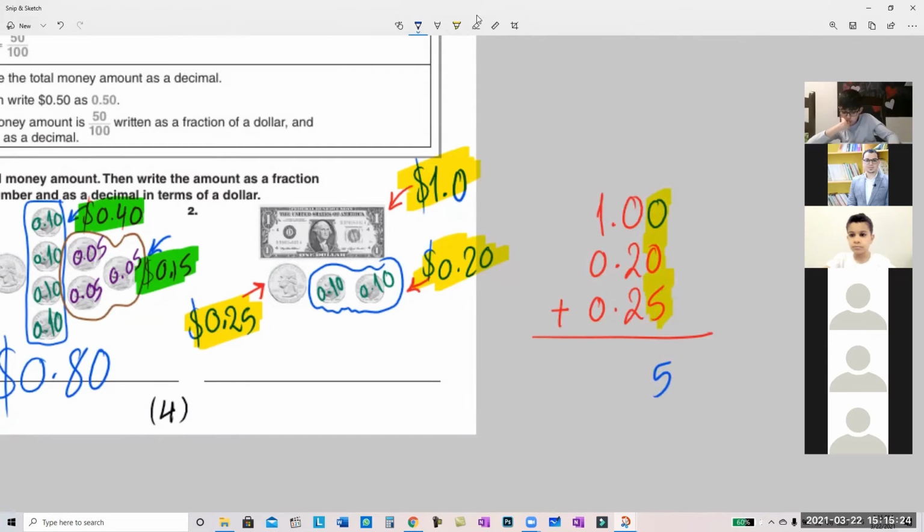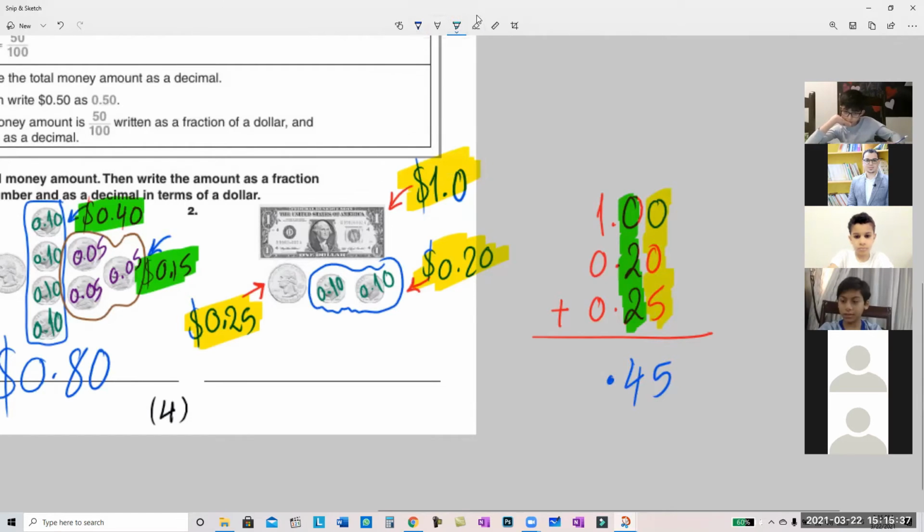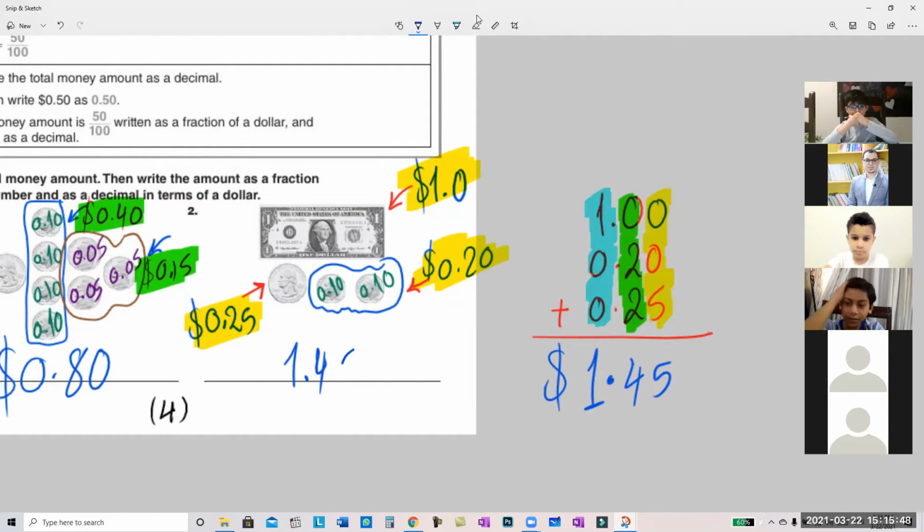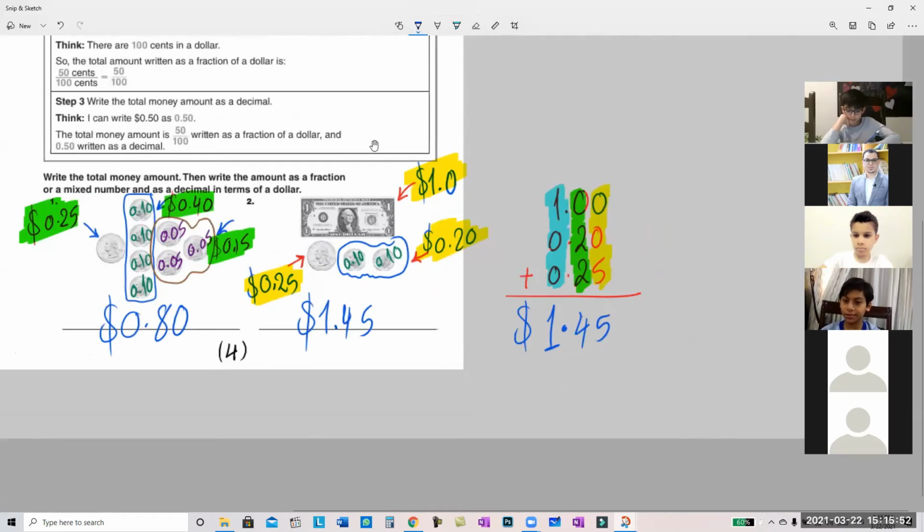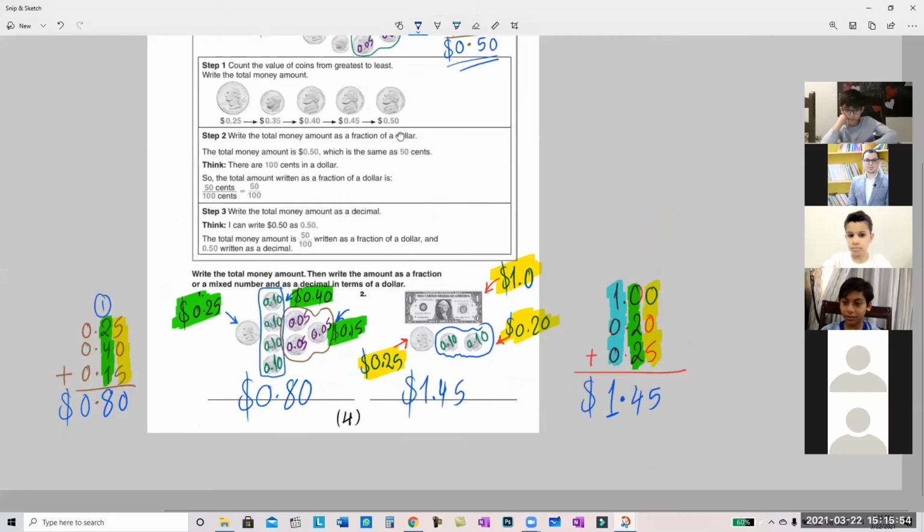And the next one, 0 plus 2 plus 2 equals 4. And don't forget to put the point. And the last one, 1 plus 0 equals 1. So it will be $1.45. Okay, write this down and then we're going to move to the next page.